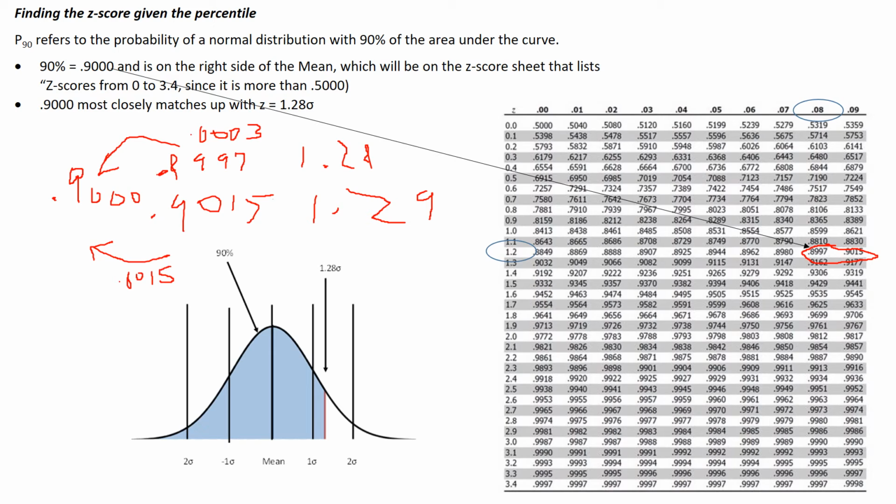We always go, it doesn't matter if it's above or below, whatever is closest. And 0.8997 is closer than 0.9015. So we would select the 0.8997, and that is going to be 1.28 standard deviations.